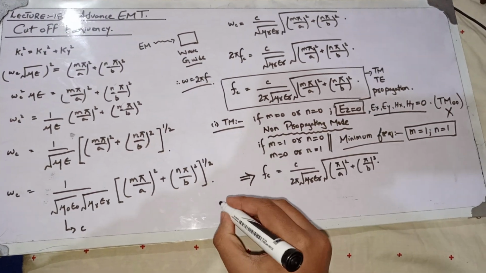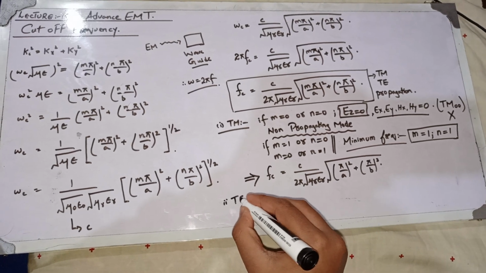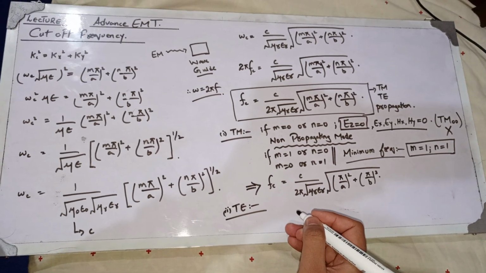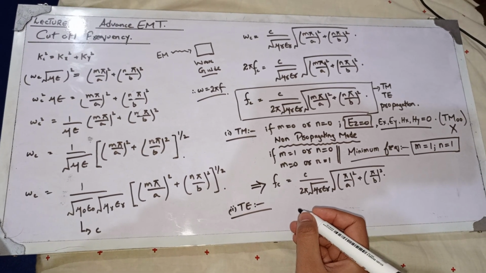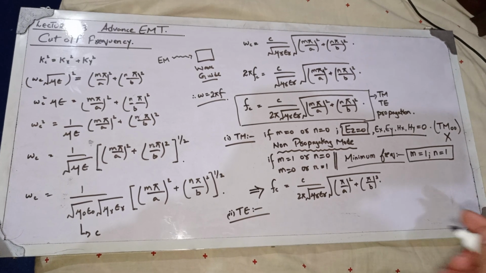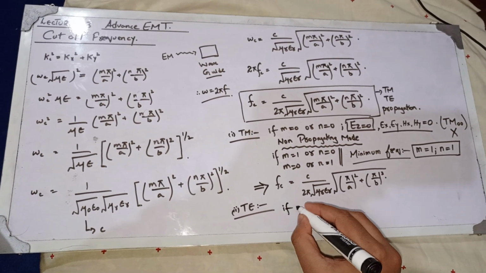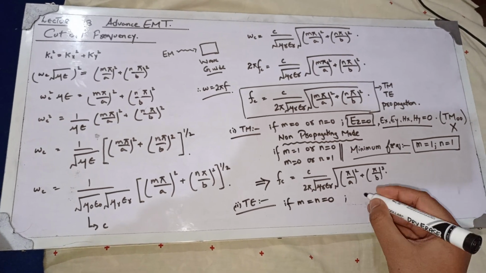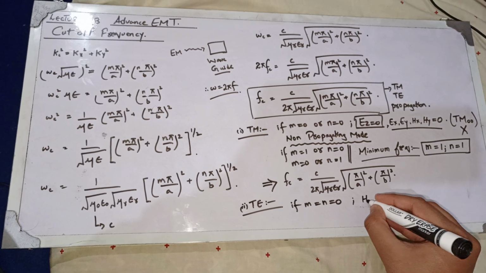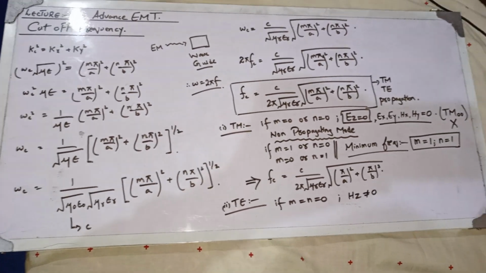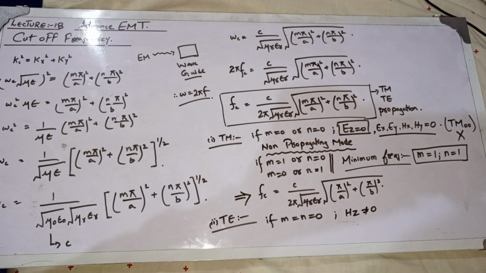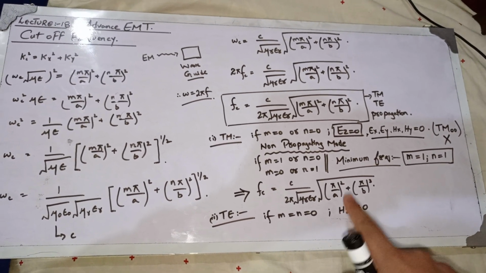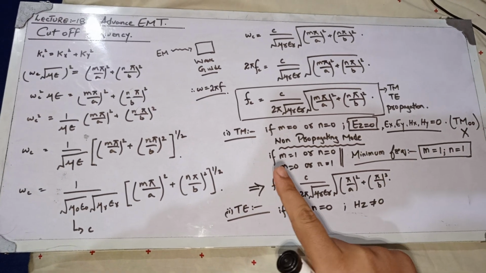So let's check the second condition, which is TE mode. For TE mode, if m as well as n both equal 0, in that scenario your Hz is not equal to 0, because you can see the expression of Hz we already derived in TE mode in my previous video. You can watch that video first.